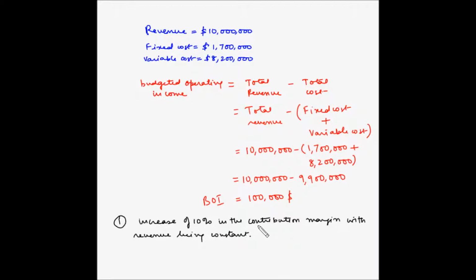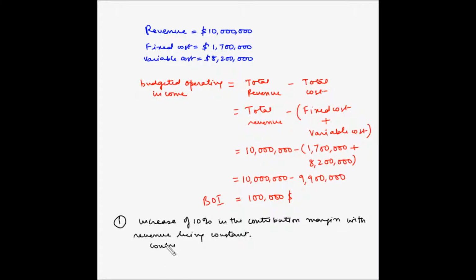So here we have to find out if there is any impact on the revenue, fixed cost or variable cost when the contribution margin is increased by 10%. So let's first find out what is contribution margin.